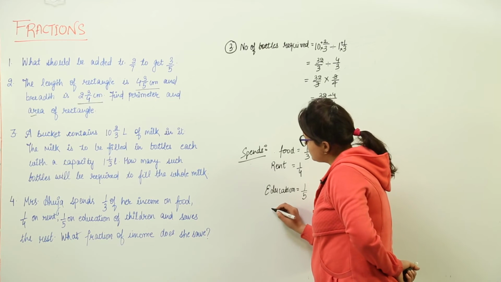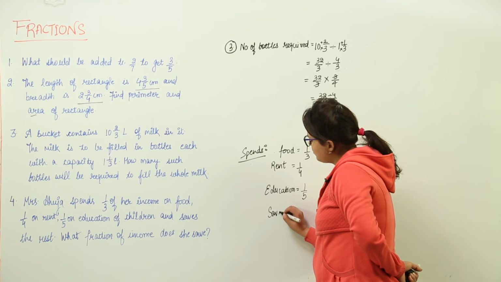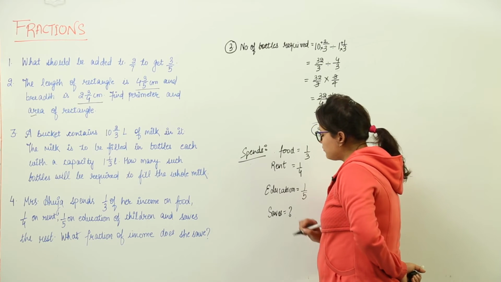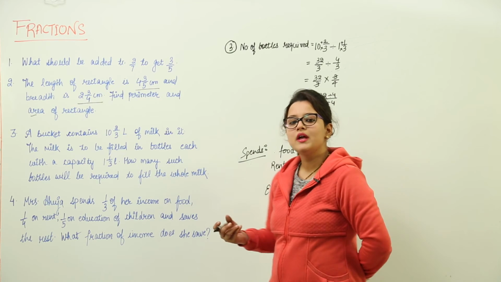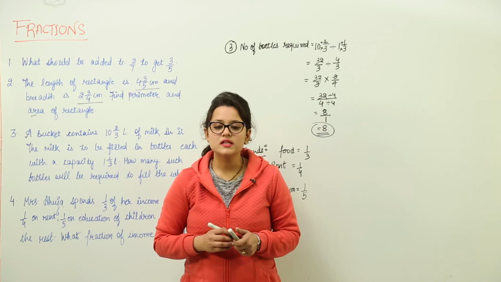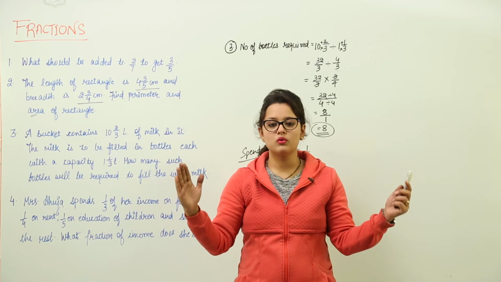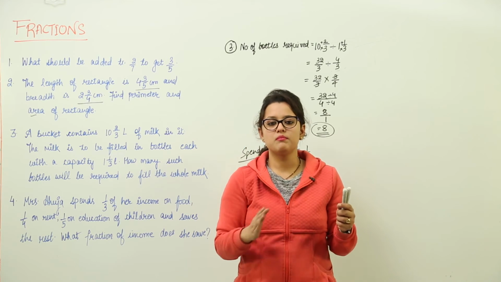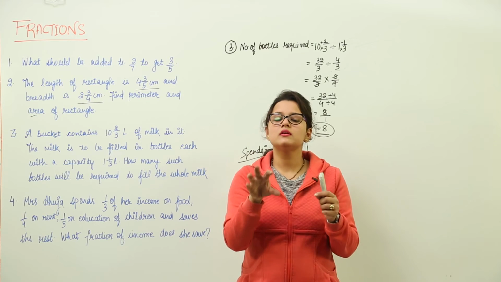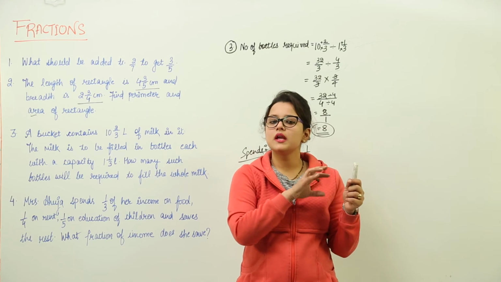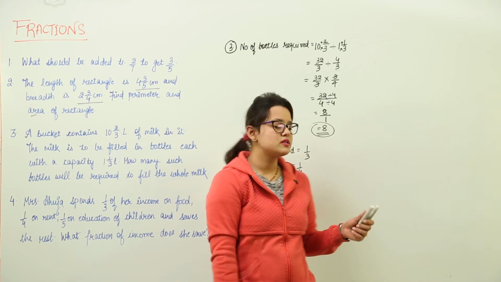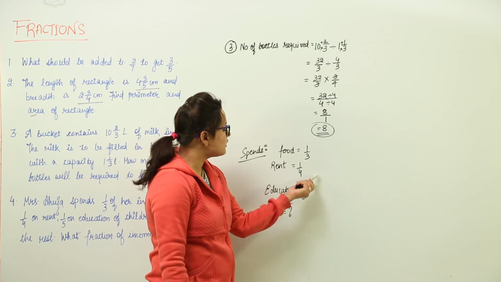She saves the rest. Now we have to find how much, in fractional form, she has saved. As I told you, a fraction represents the complete whole quantity divided into some parts, and then we write the considered parts upon the total number of parts. So over here we have already got the fractions.